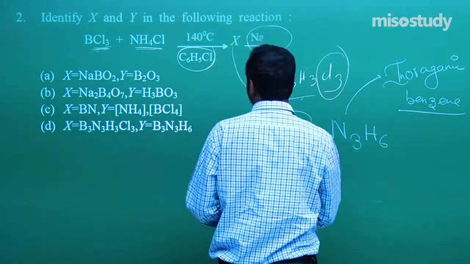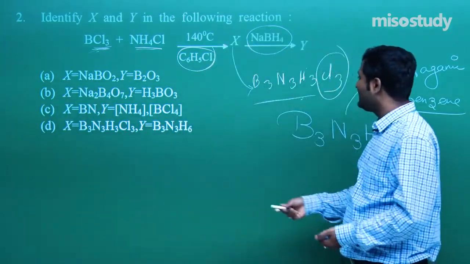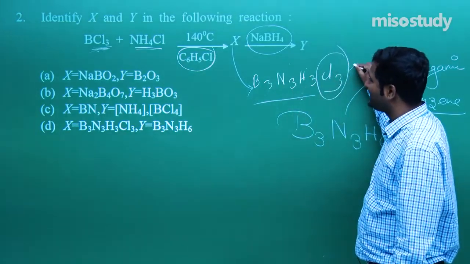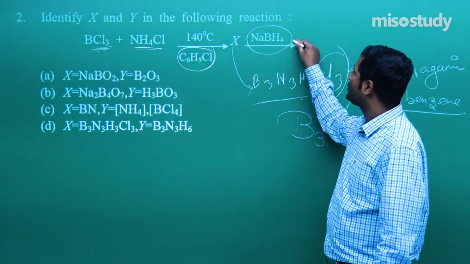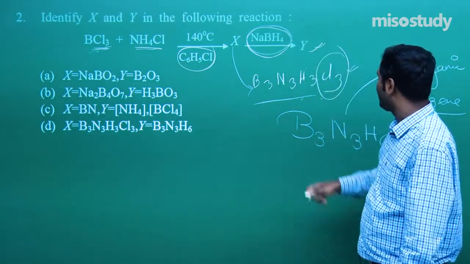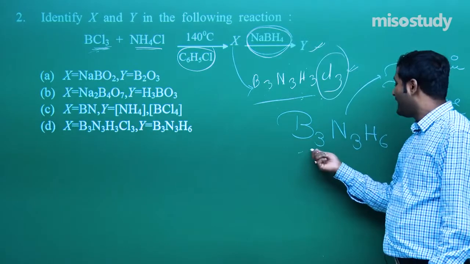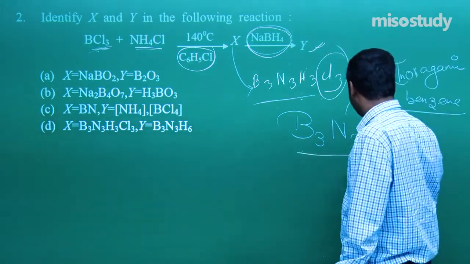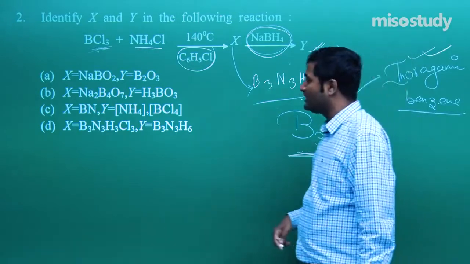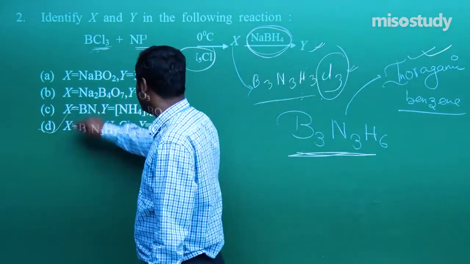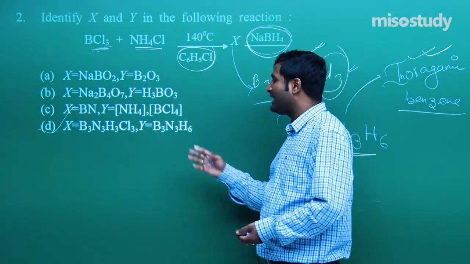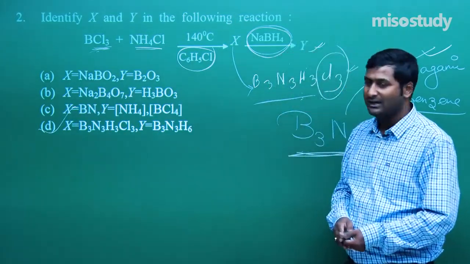So in this case the product X is B3N3H3Cl3, which on further reduction gives you borazole, known as inorganic benzene. So X is B3N3H3Cl3 and Y is B3N3H6.